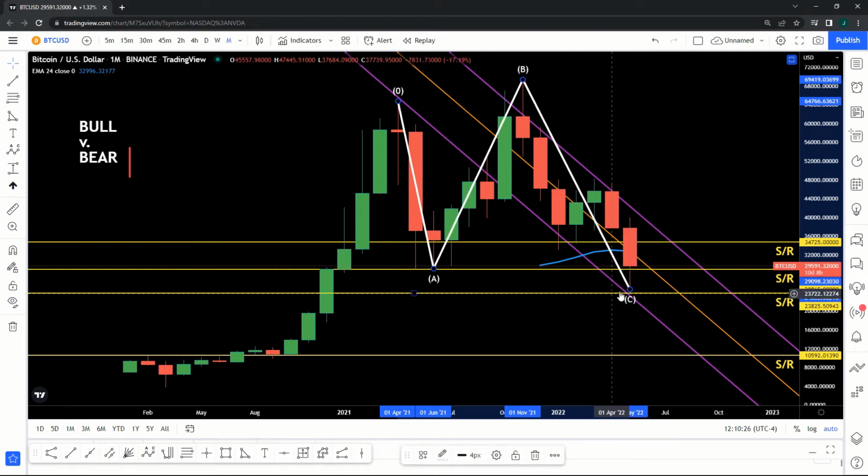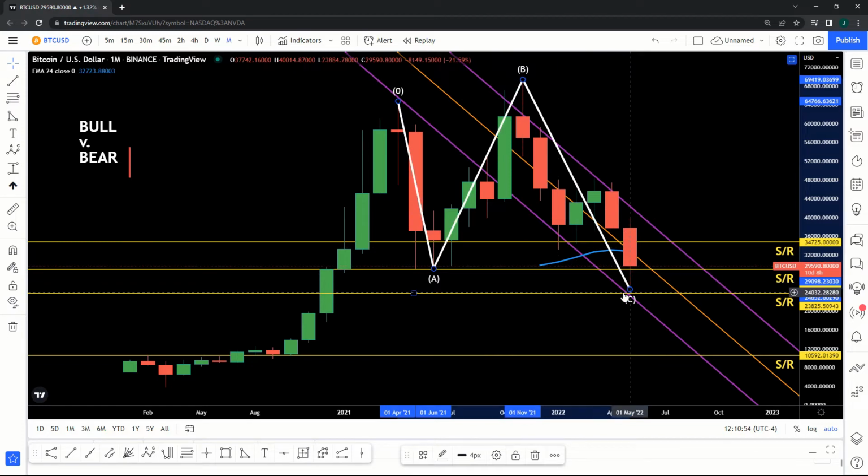Right now here, everything hinges on whether or not 23,000 holds, or I'm sorry, 28,000 holds, right? So if it does hold over the next month or so, then this could be the bottom. This level of 28,000 could be the bottom. And then the next trend would be a bullish pattern, and that would be higher than the prior high.